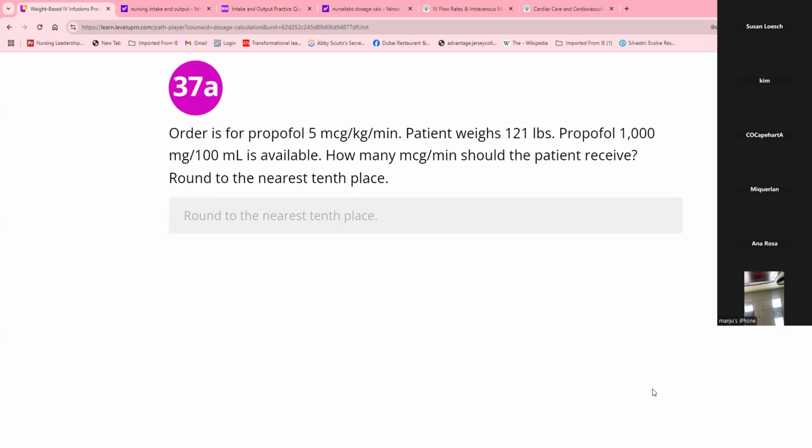So what's the first thing you're going to calculate here and the only thing you're going to calculate? The micrograms per minute. Okay, so I guess we'll convert the pounds to kilograms. So 121 divided by 2.2, which is 55, times 5 is 275. So that's your answer, right? 275, because all it's asking you for is what? Micrograms per minute.